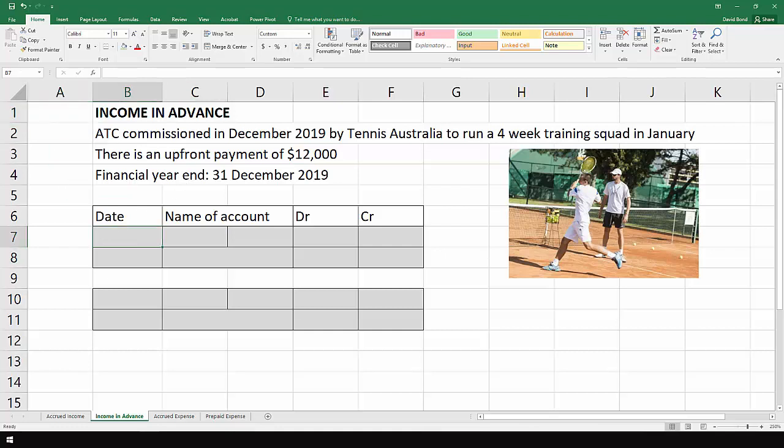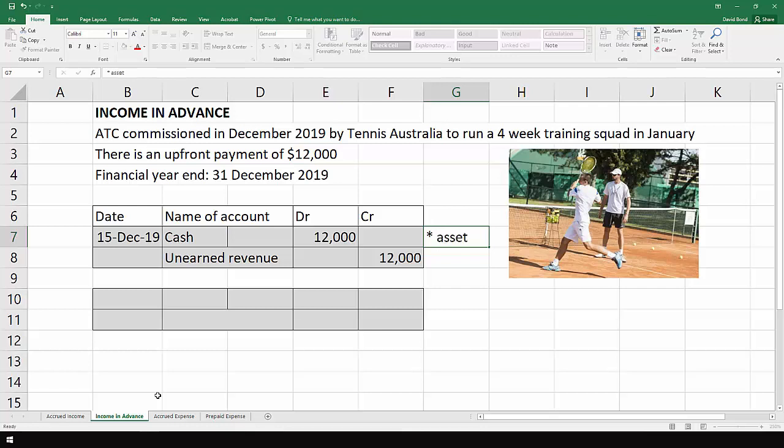So we don't have a particular date, I'll just make one up. So we'll call it the 15th of December 2019. At the time this happens, we debit cash $12,000. And you can see slightly different names for this if you look at different companies, but I'm going to call it unearned revenue.